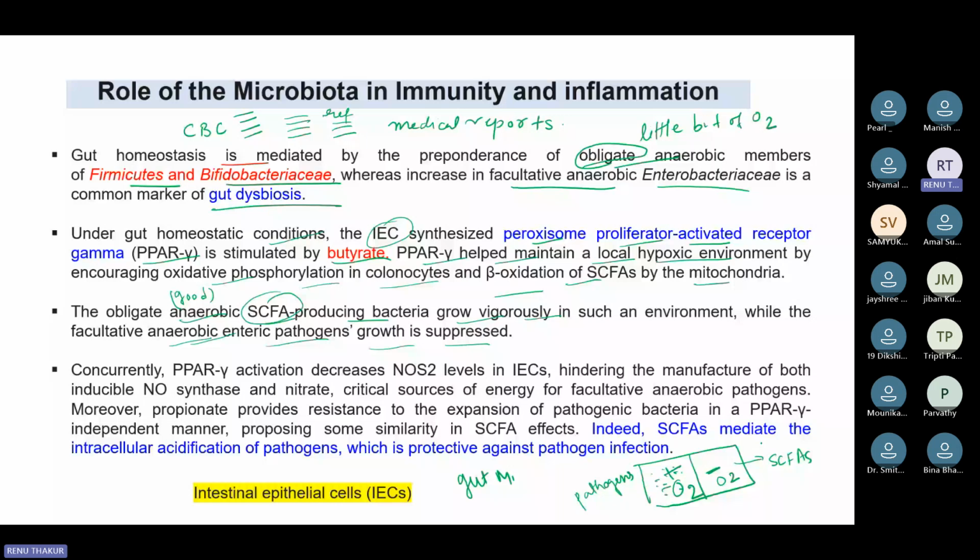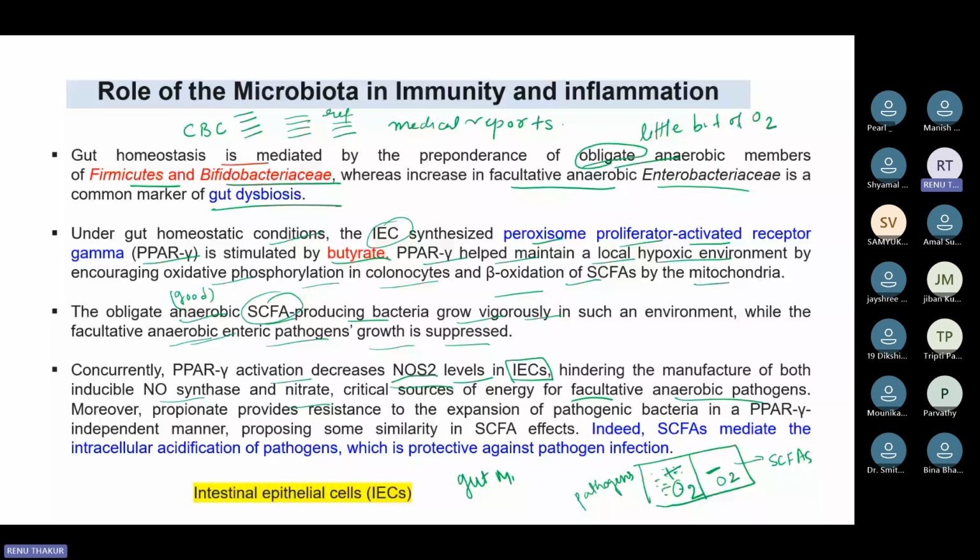Now, this PPAR gamma activation decreases the nitric oxide synthase levels in the intestinal epithelial cells, hindering the manufacture of both inducible nitric oxide synthase and nitrate, critical sources of energy for facultative anaerobic pathogens. So now you should know about this also, what does PPAR gamma do? First of all, it is encouraging oxidative phosphorylation.